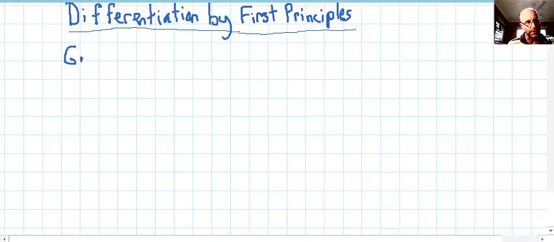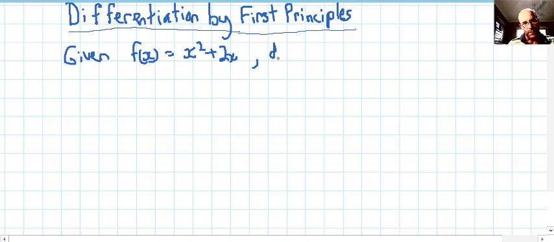So if we're given the function x squared plus 2x, differentiate, which is the process of differentiation, differentiate by first principles.